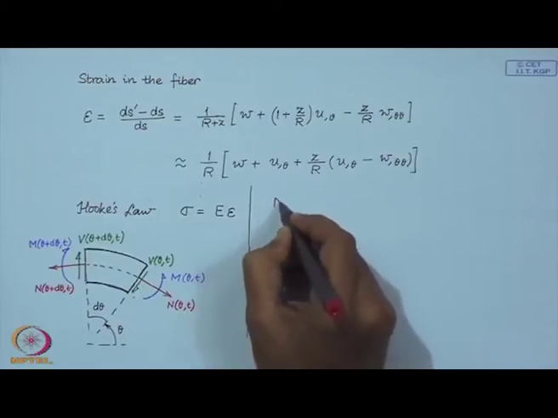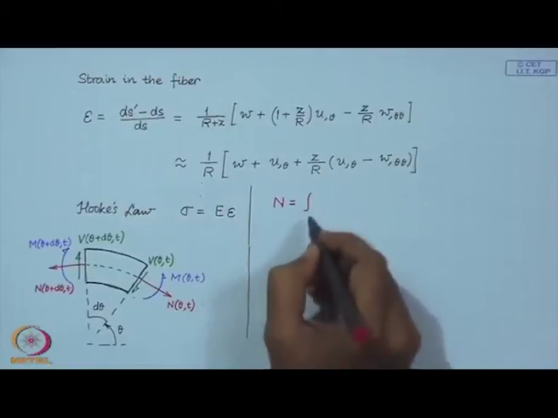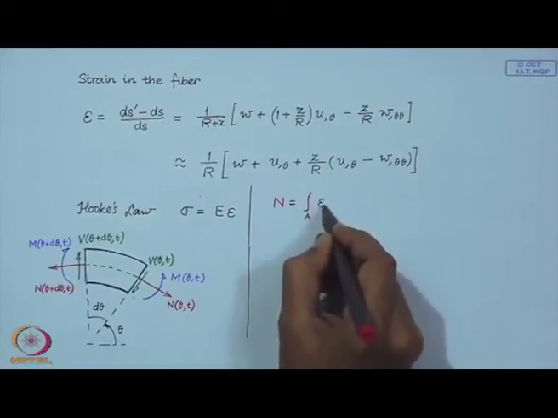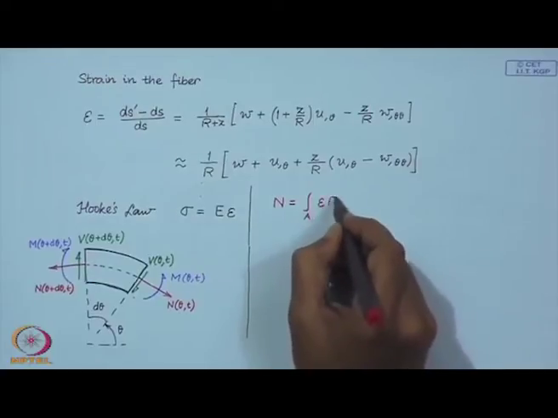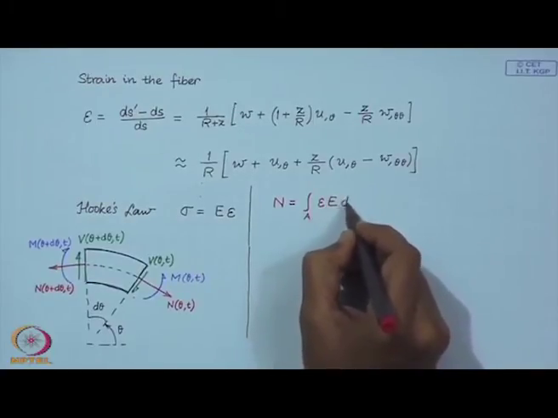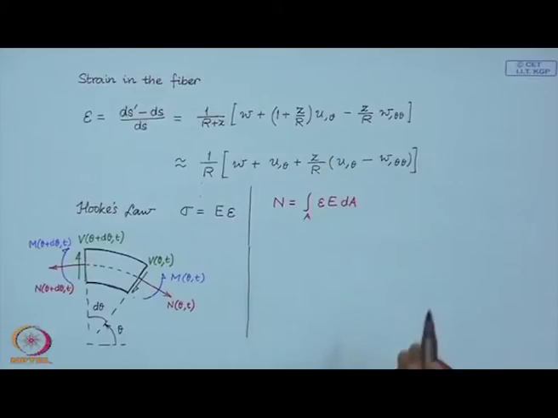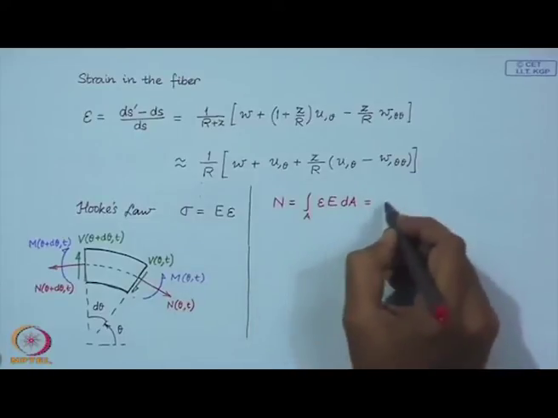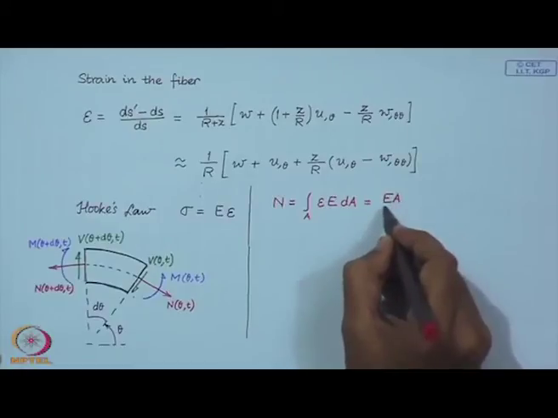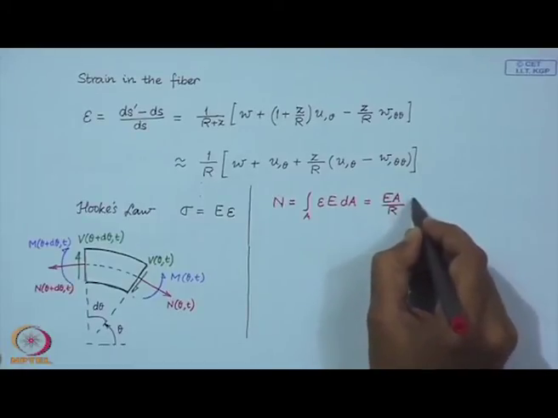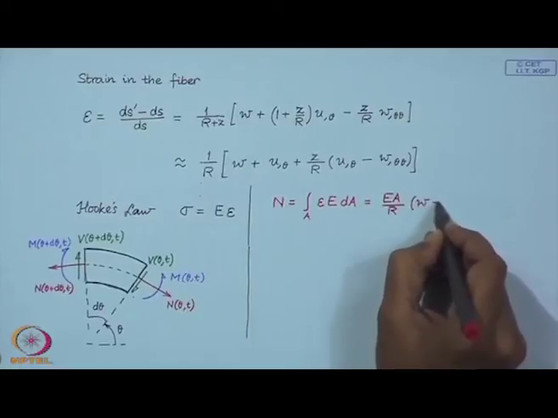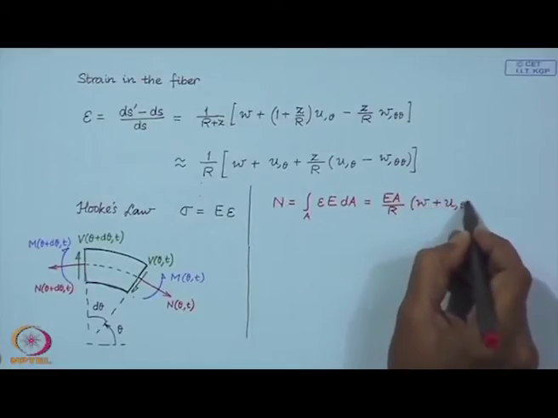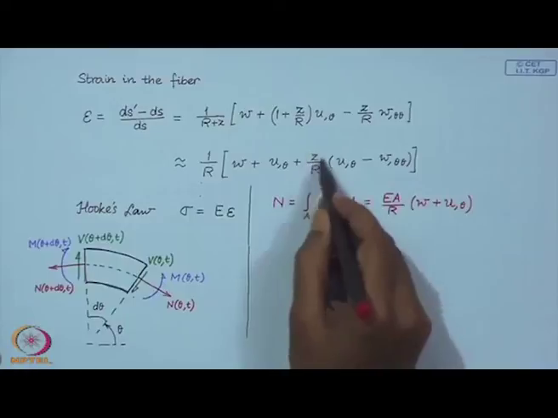So, n is nothing but integral over the area of stress times the area, and if you substitute these expressions and calculate this, it turns out to be, since there is a z term here.